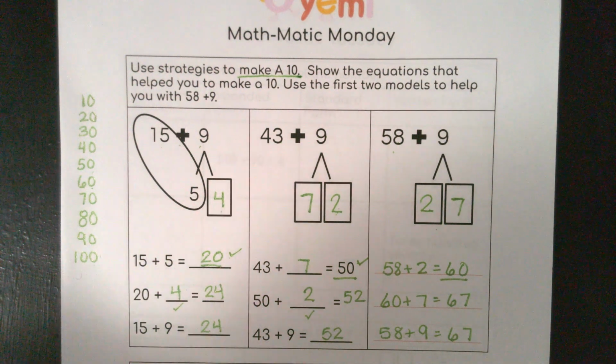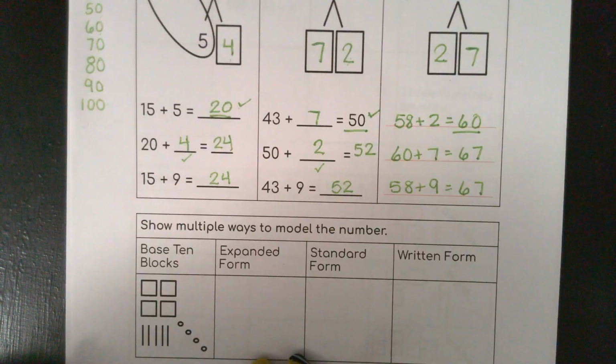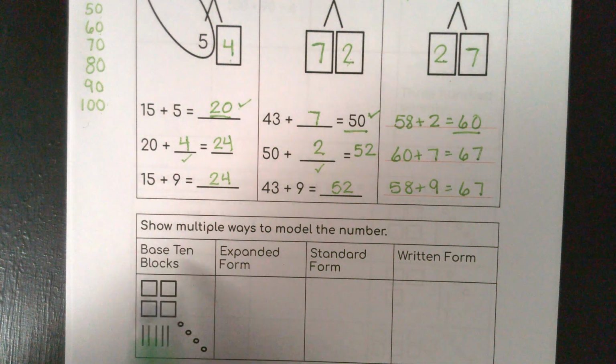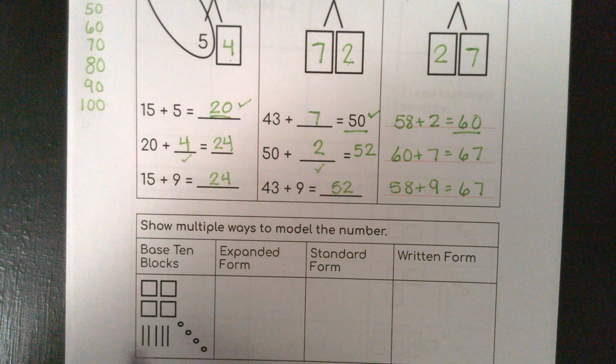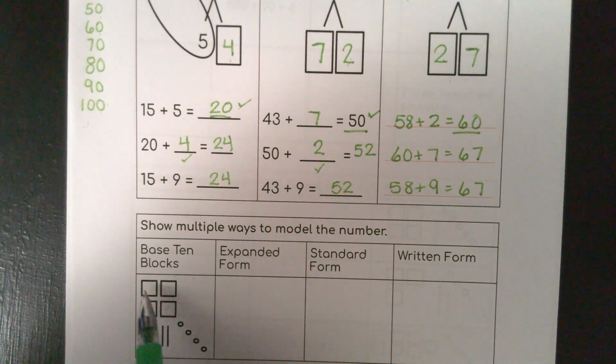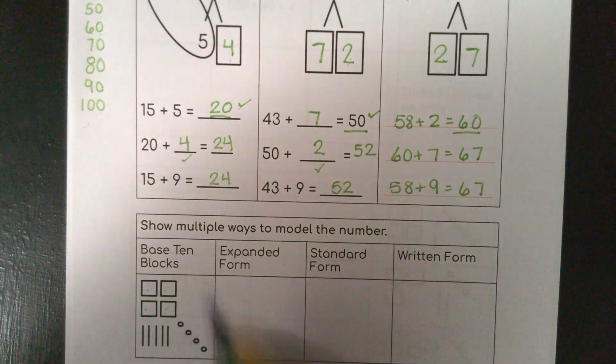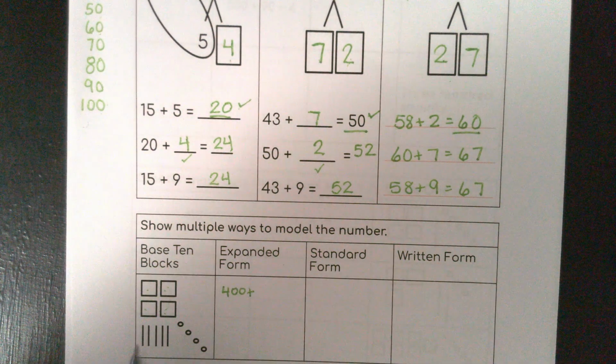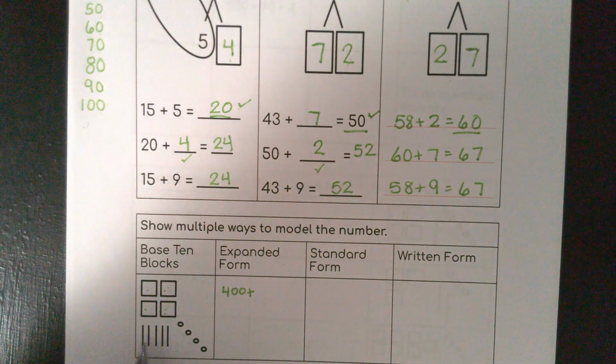Down here at the bottom, we have base 10 blocks that show us a number. So we have to figure out what this number is. Here are my hundreds, 100, 200, 300, 400. Plus my tens, 10, 20, 30, 40, 50.